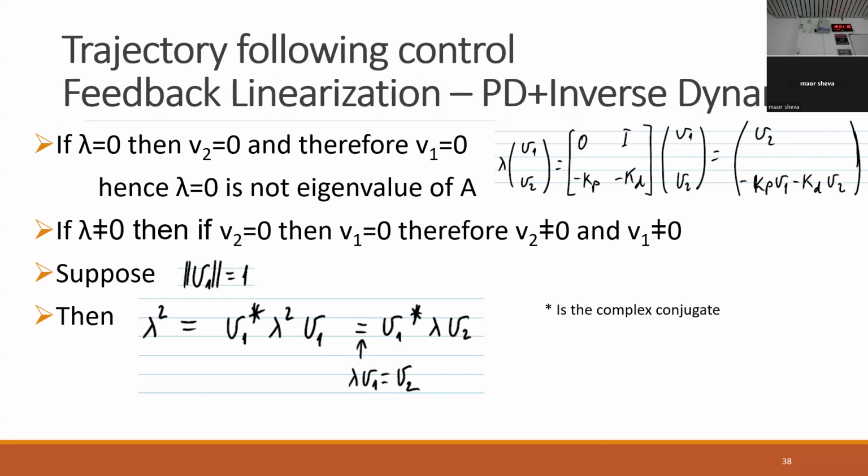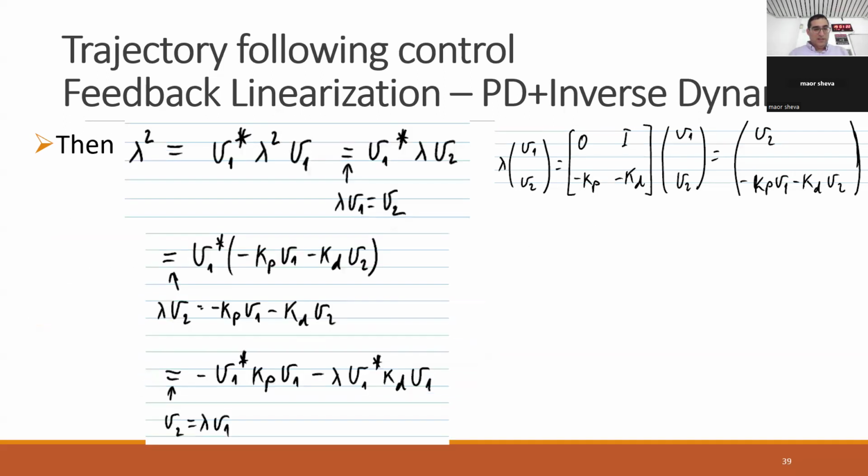So lambda V1 is V2. Okay. Now we can continue this. So we took lambda squared and we got here.